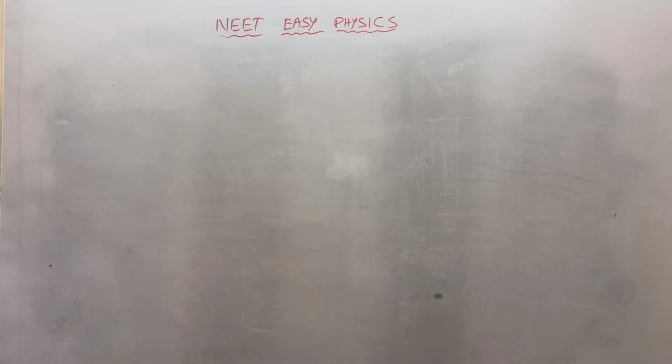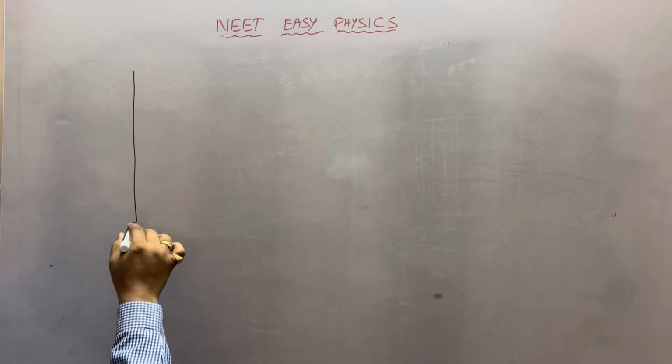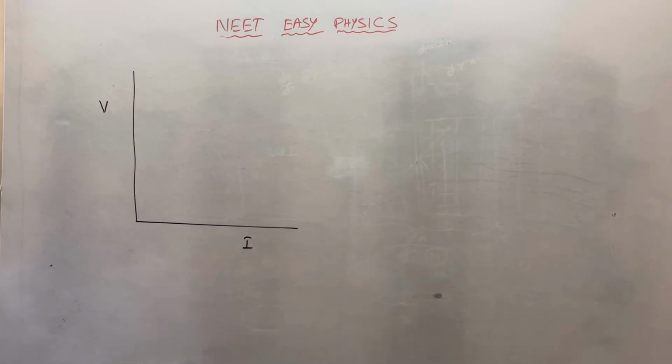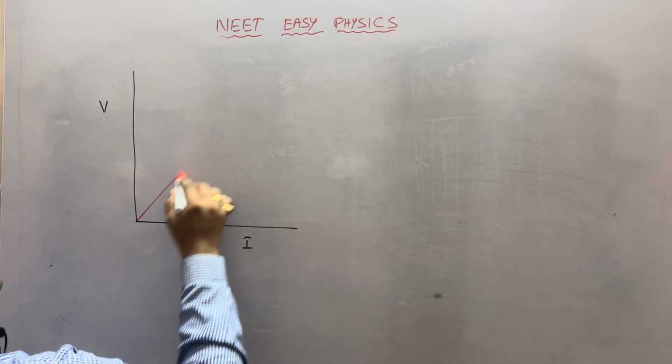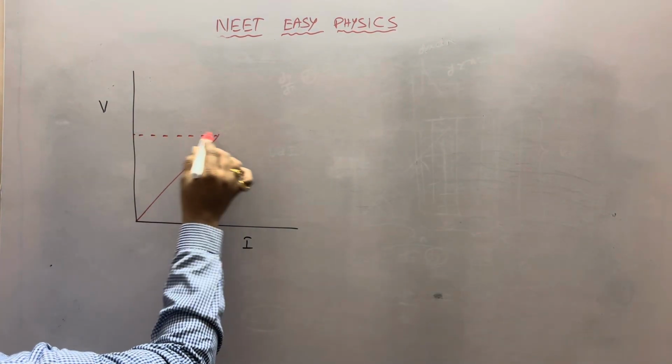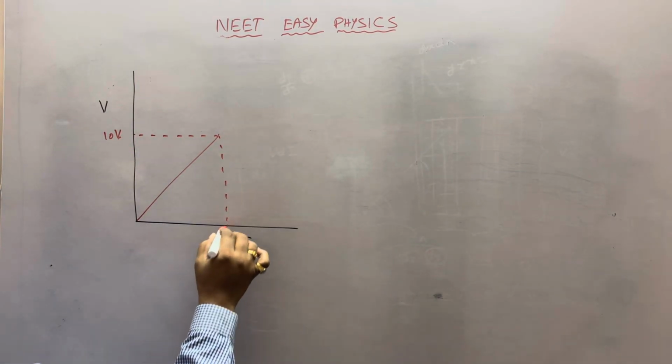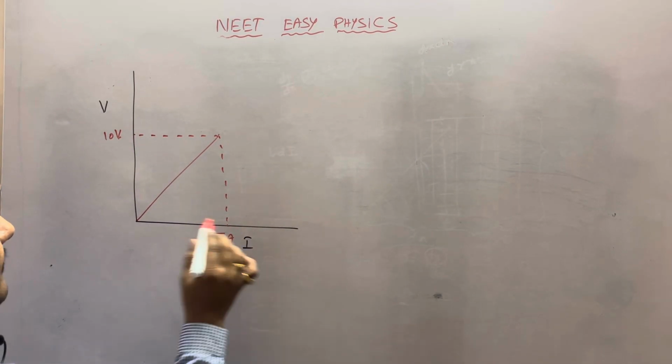Now see with another example. Voltage, current. So a graph is given. This is nothing but 10 volts. Current is nothing but 5 amperes.